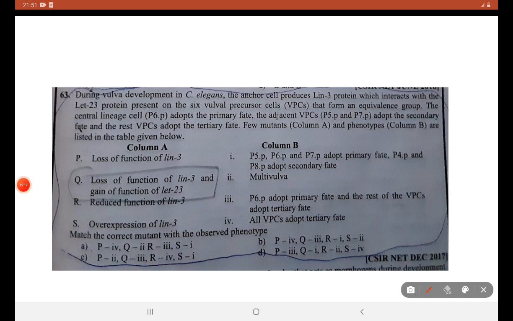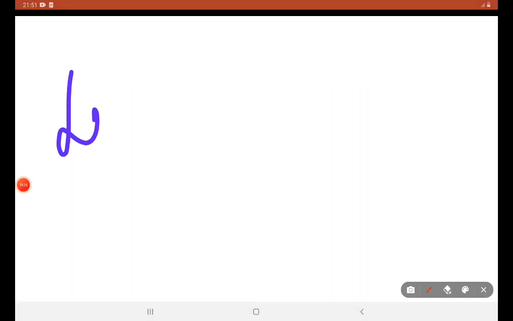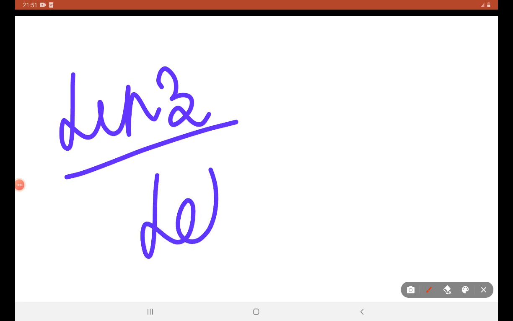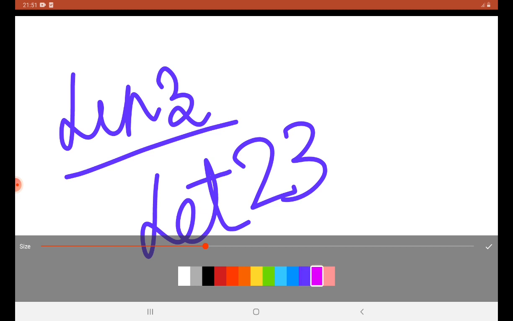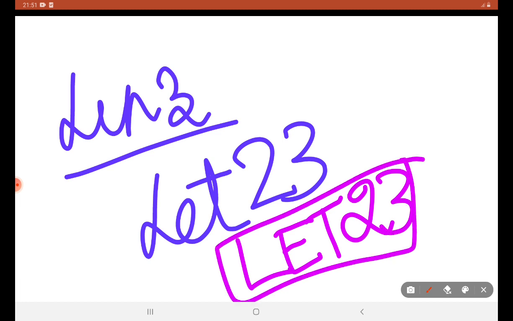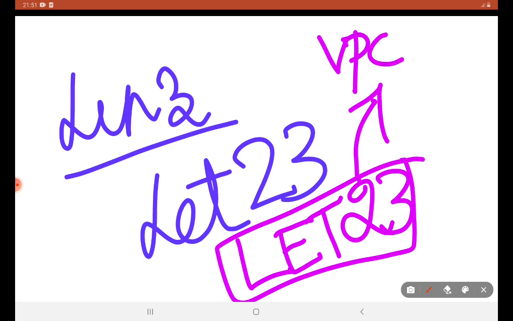So what are the signals here? LIN-3. It's not LEN-23, it is LET-23. It is LET-23 that helps in the specification of vulval precursor cells.